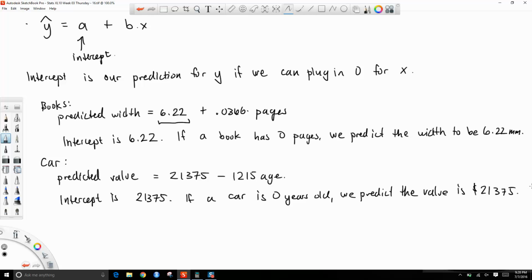So maybe the value of the car when it's new. But in some cases it doesn't make sense. So let's talk about people. Maybe we say predicted weight is equal to, I don't know, I'm just making up numbers here.